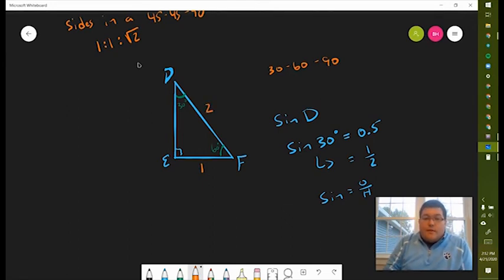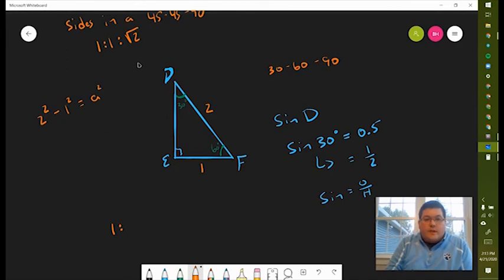And so now we know the ratio of these two side lengths. We've got the 1:2 is the hypotenuse here. And so how do we figure out what this side is? Well, again, we can utilize the Pythagorean theorem. So we know that 2 squared minus 1 squared will equal a squared.